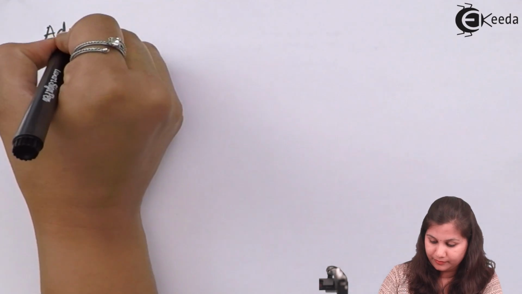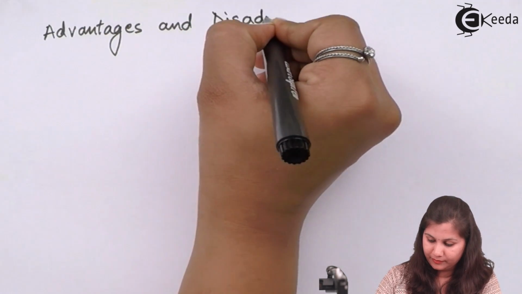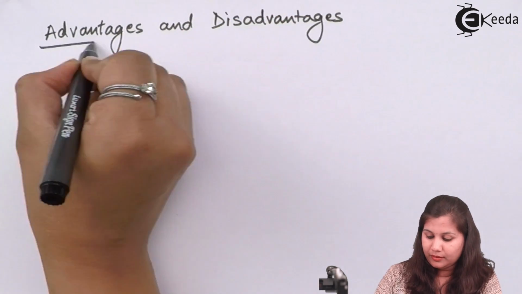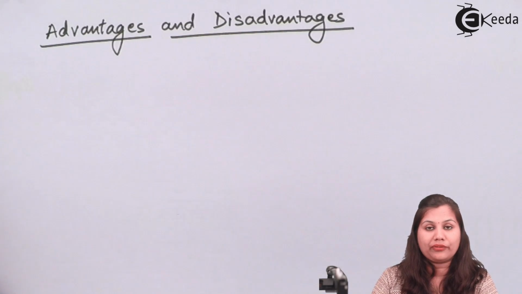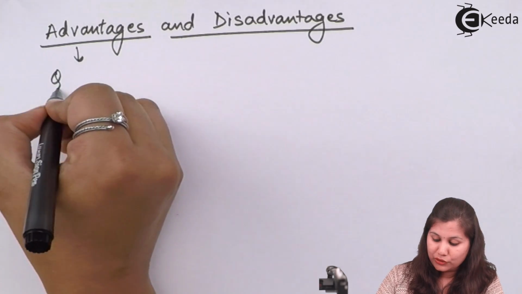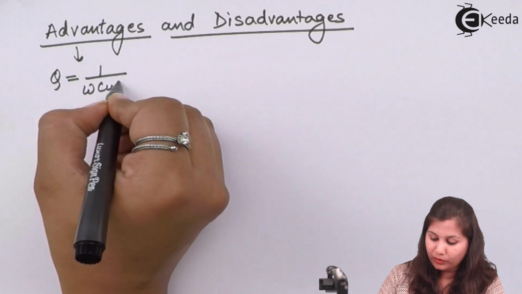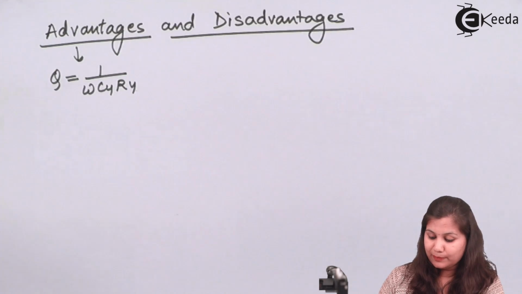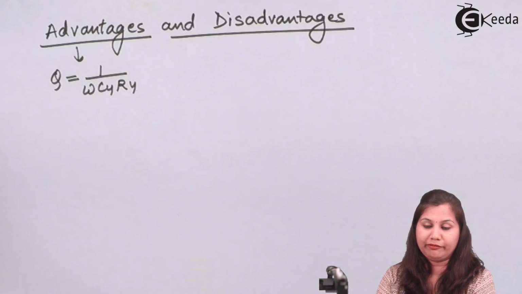Now coming to the advantages and disadvantages of the Hayes bridge. The advantage is that if you see the expression for the quality factor, it was 1 upon omega C4 R4. So this bridge gives us a very simple expression for calculating the quality factor.